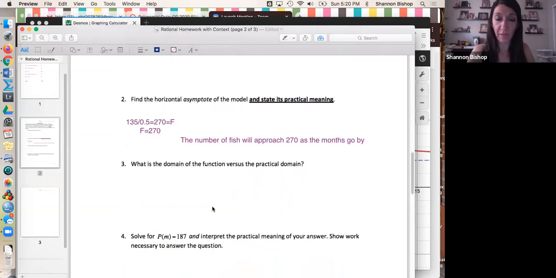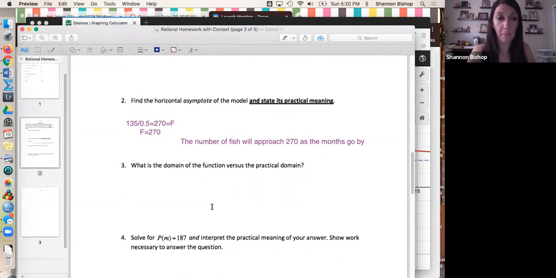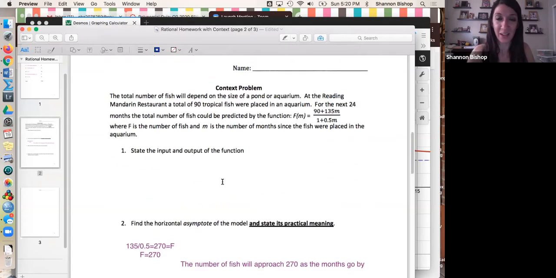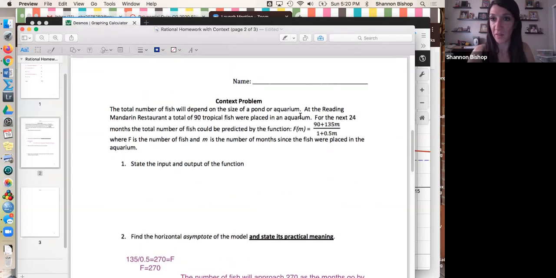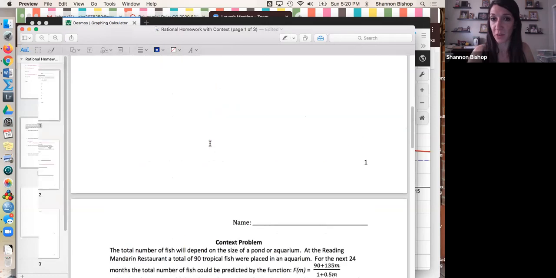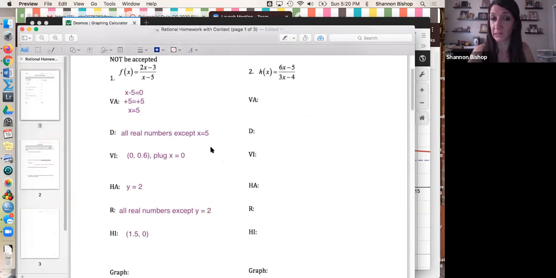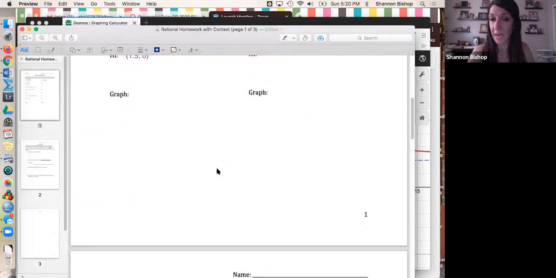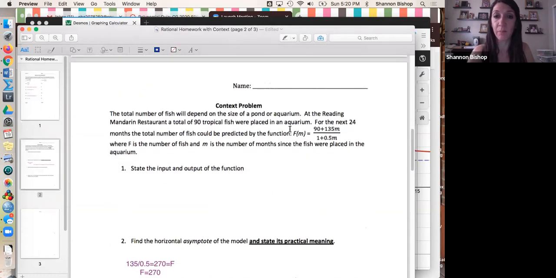The domain versus the practical domain, I am going to let you think about that one on your own. Think about the domain of a rational function, something you had to do up here as well. But also keep in mind, this is absolutely a word problem.